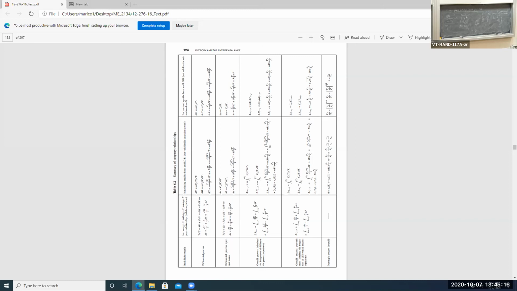And remember, these are the property relationships for entropy, differential overall per unit mass, et cetera. These are all provided for constant and variable specific heat, IGB, et cetera, in table 6.2. So this is, I hope, a fairly helpful table that would condense a lot of the information. There's a lot of information here, so I think you need this table. We're going to get on and just do an example here in a moment.